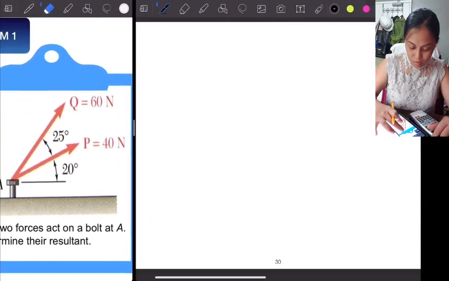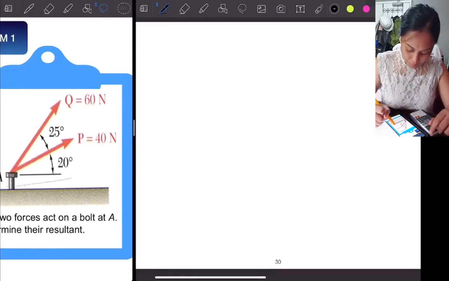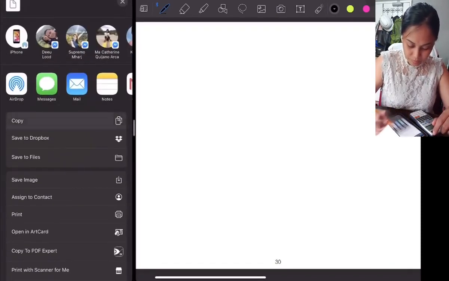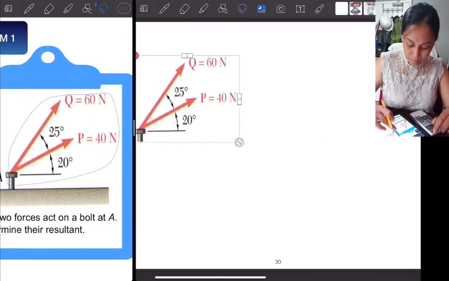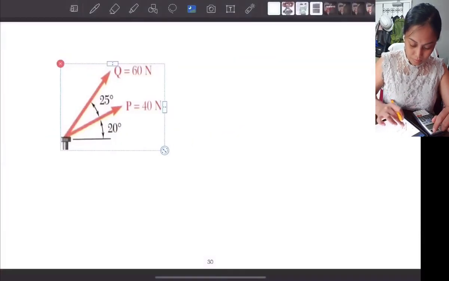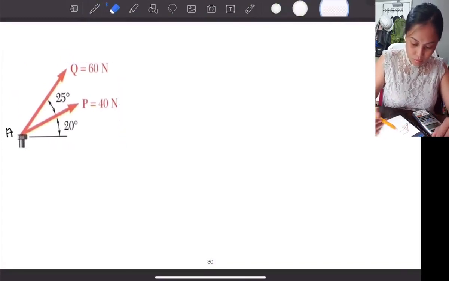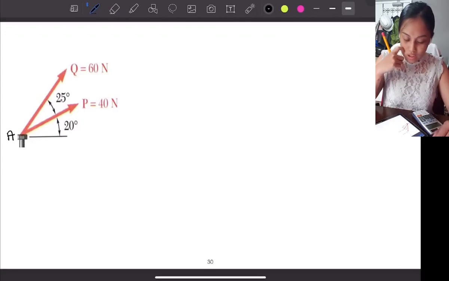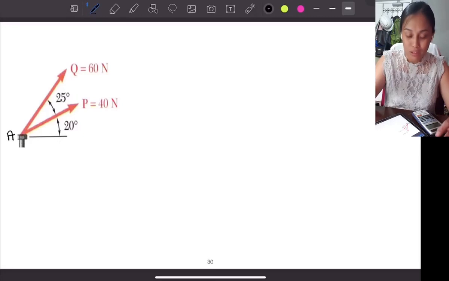Okay, so this is our figure. This is bolt A. For the trigonometric solution, we need to use the cosine law and sine law so that we can determine the resultant and the direction of the resultant force.